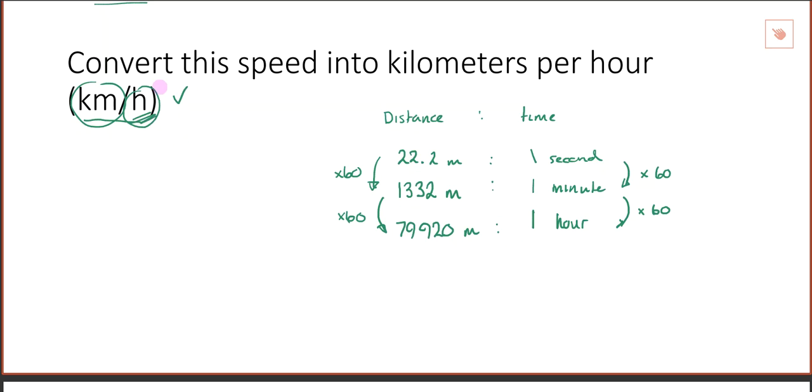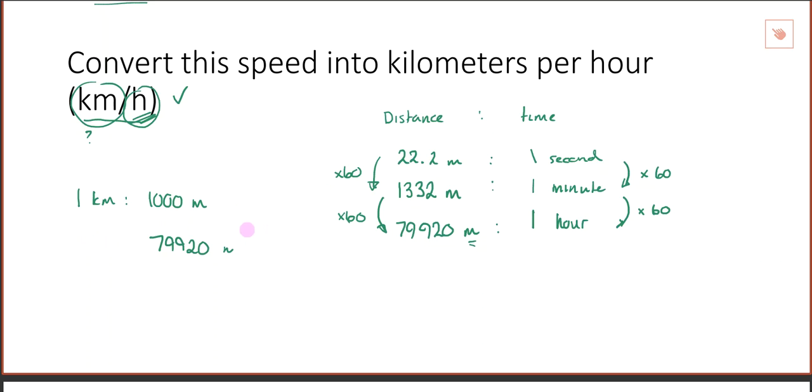I'm happy with the hour, but I need to know how many kilometers because I'm in meters. So I know that 1 kilometer is 1,000 meters. So if I've got 79,920 meters, how many kilometers would that be?